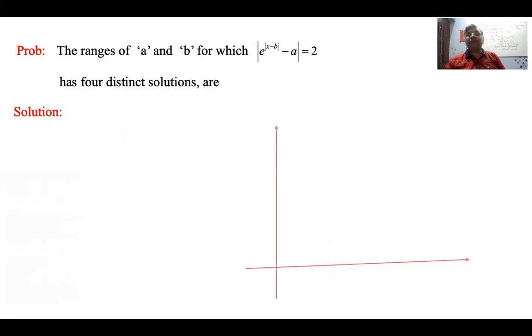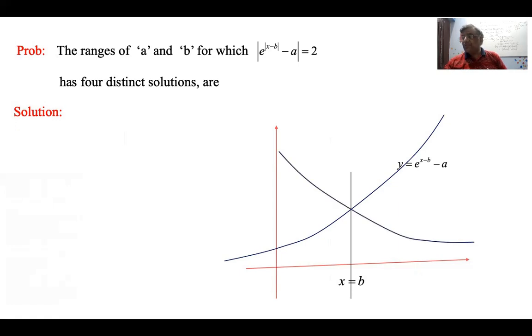So one of the parts, I am trying to trace its graph. Put x equal to b, right? So e power modulus of x minus b will become 1. So that graph will be like this. That is e power x minus b minus a. In this case, you see, when x is greater than b only, modulus of x minus b will become x minus b.